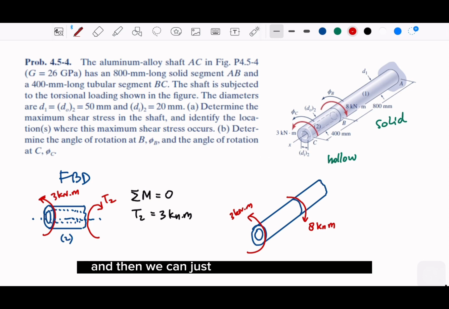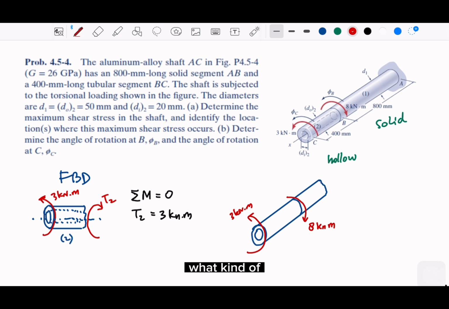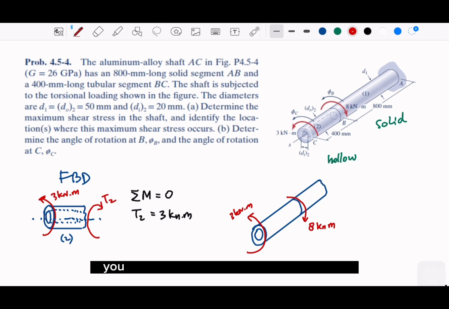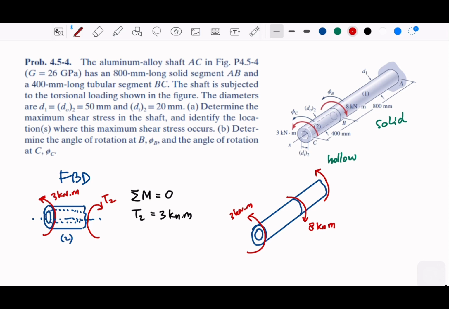and then we can just make some assumptions. What kind of torque inside the material 1? You can actually suggest, because 8 and 3, you can see that it's larger for 8, right? So you need to have another segment like that for your equilibrium.